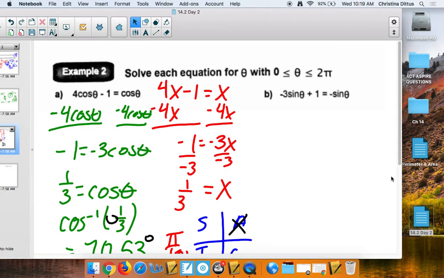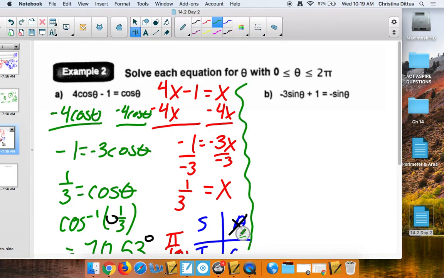I have -3 sine theta plus 1 equals negative sine theta. Let's get our sines together. What am I going to do for algebra? Yep, add our 3 sine.